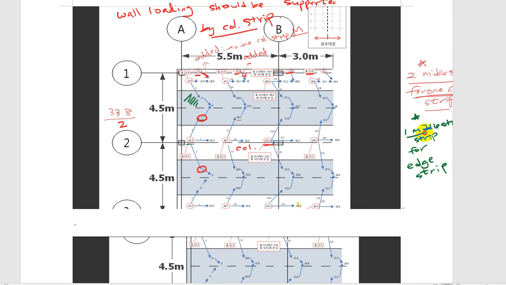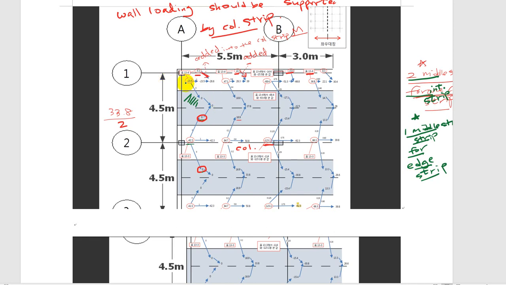Okay, one middle strip for edge strip. We have two middle strips for interior strips, right? But we have one middle strip for edge strips.